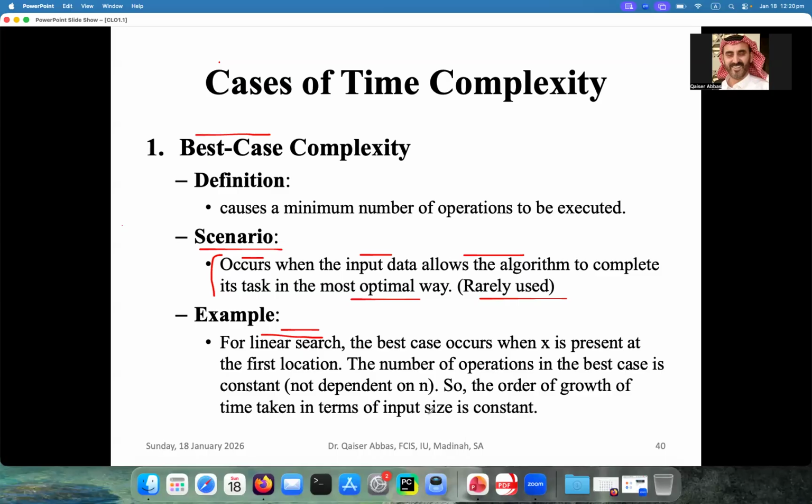Then you can understand that log of n is the minimum, so you are saying the best case for that algorithm is log of n. But for linear search it is order of one, because the element should be at the first position, and then in the first comparison you will say that the element is available there. So for linear search, this is the best case.